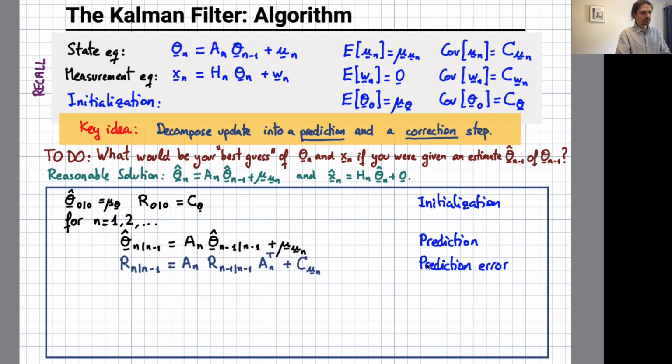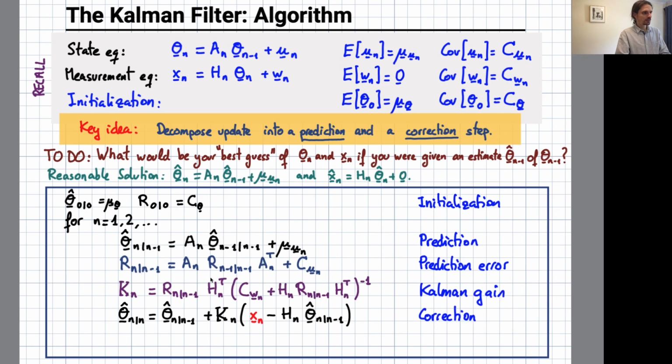After that, we obtain the error of this prediction, like in the sequential LMMSE estimator, and that takes us to the correction step. The correction step has the same form as in the sequential LMMSE estimation algorithm.